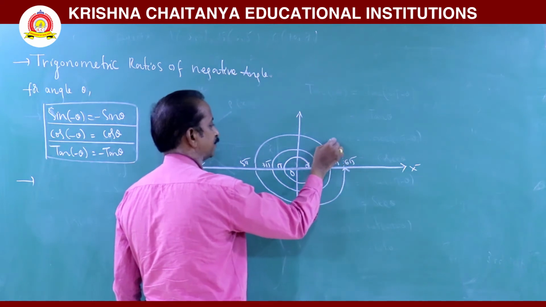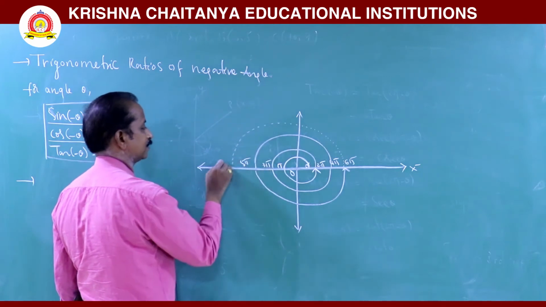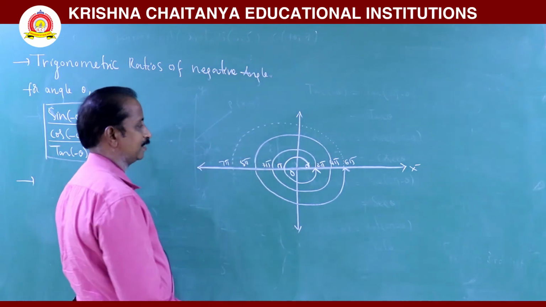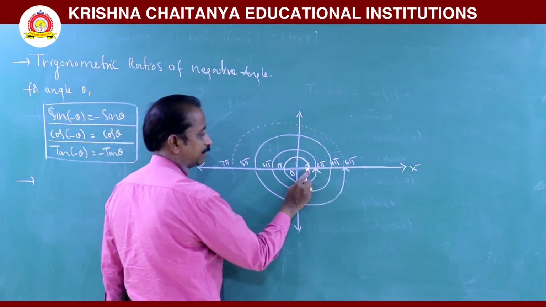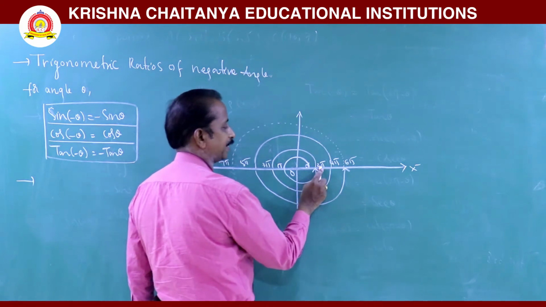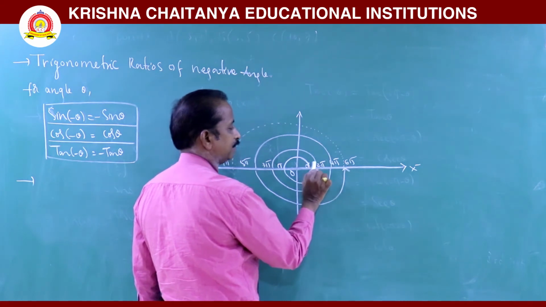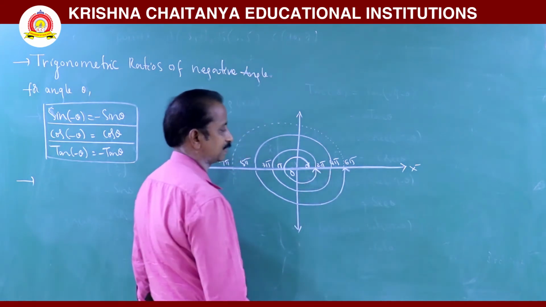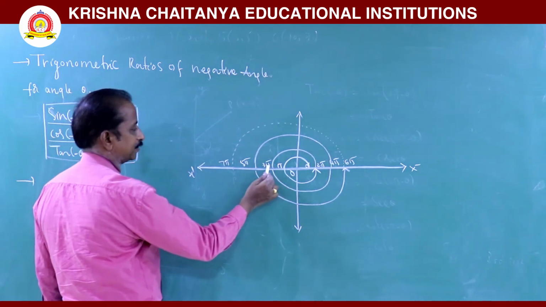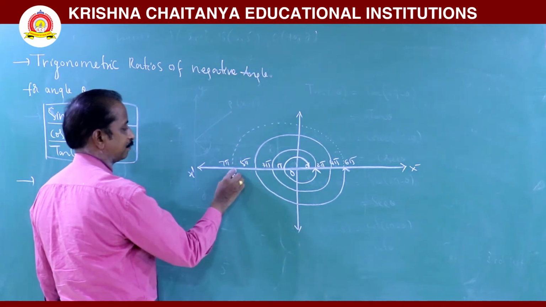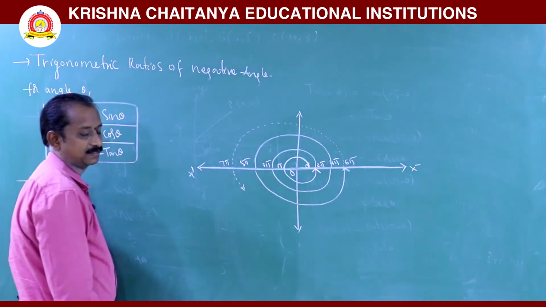In the similar way, the next rotation is 7 pi. Now observe: on the positive x-axis we have 0 degrees, 2 pi radians, 4 pi radians, 6 pi radians. So indirectly, an even number of pi lies on the positive x-axis. On the negative x-axis we have pi, 3 pi, 5 pi, 7 pi, an odd number of pi radians.